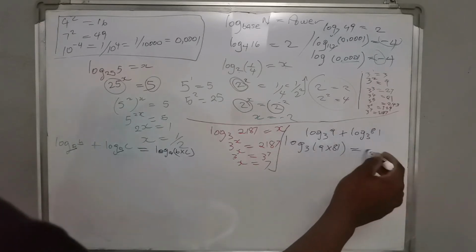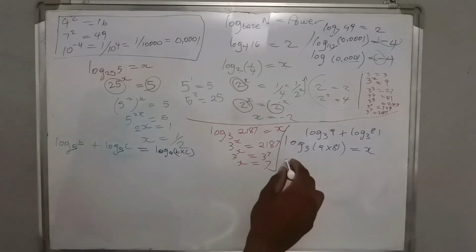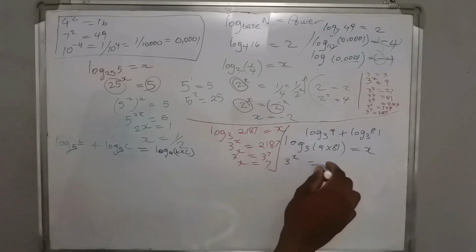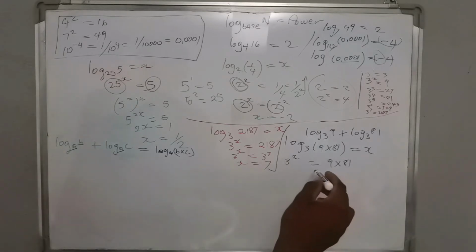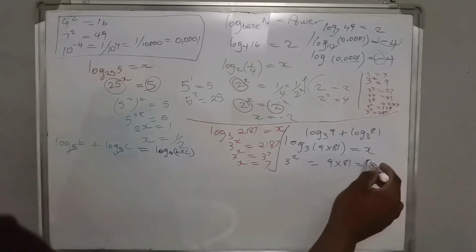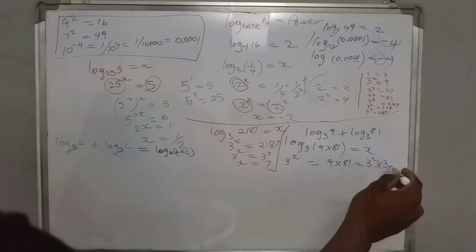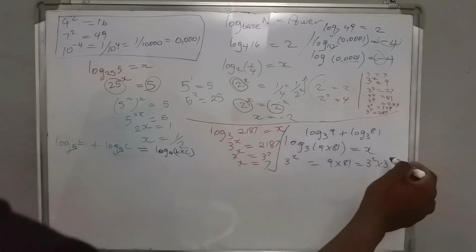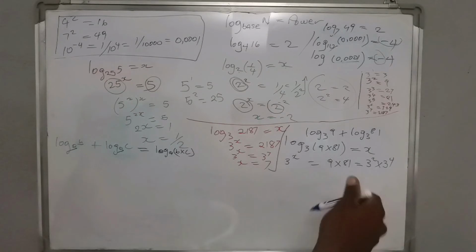Okay, let's start like this. We need to let this equal to x. So if we say 3, which was the base, raised to x is equal to 9 times 81. We know this would be the same as 3 raised to 2 times 3 raised to 4. We know that when the bases are the same, we add the exponents.